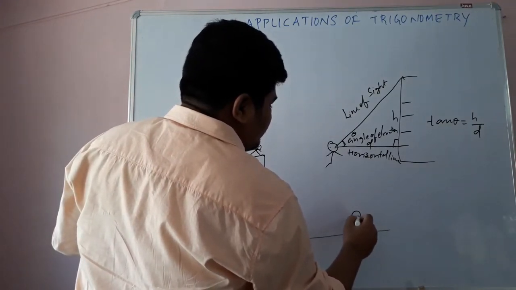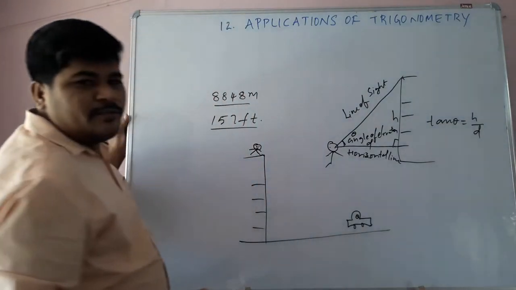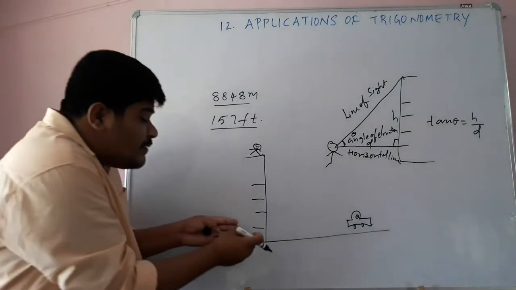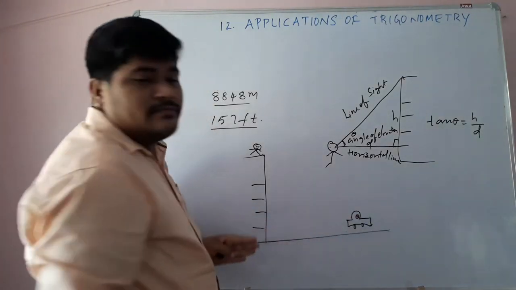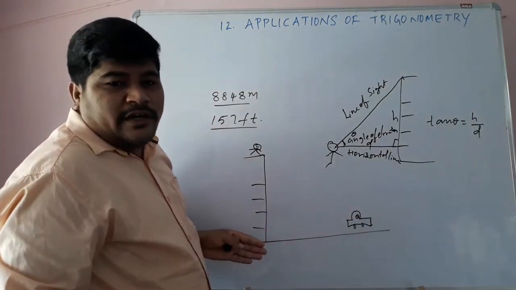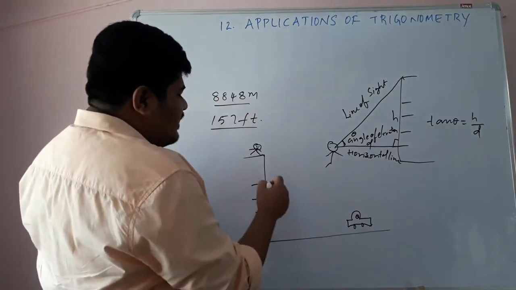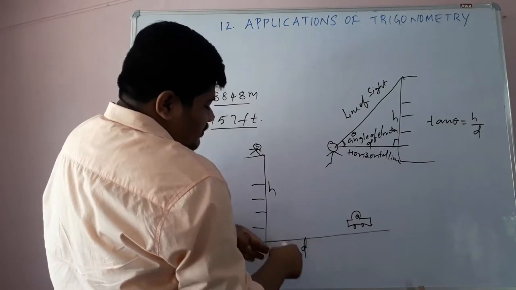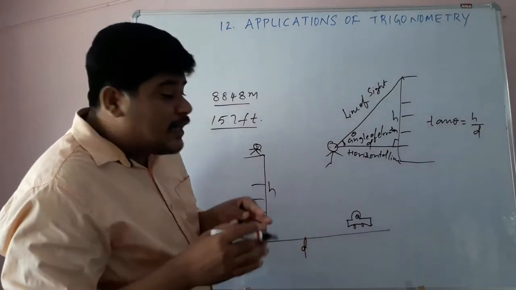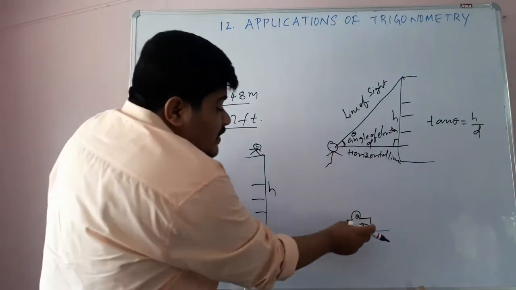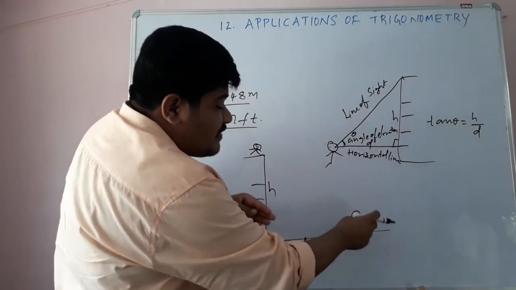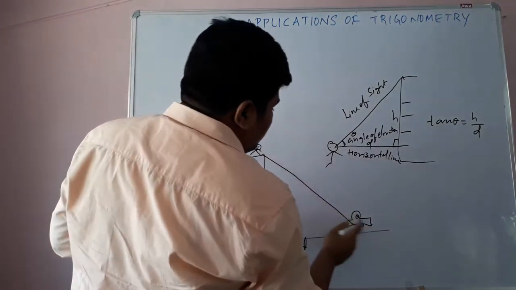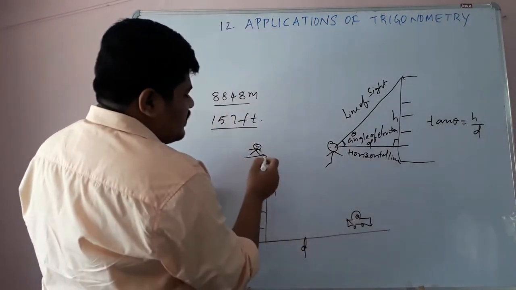He wanted to know the distance between this building and the car. Suppose the height of the building is h, and the distance from the car to the building is d. He is observing towards down, towards the base of the observed object, the base of this car.